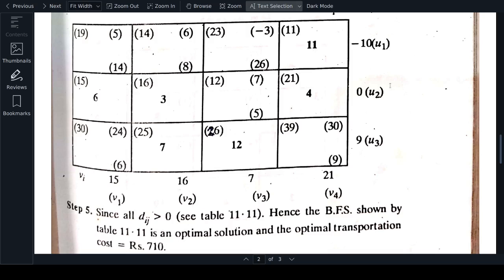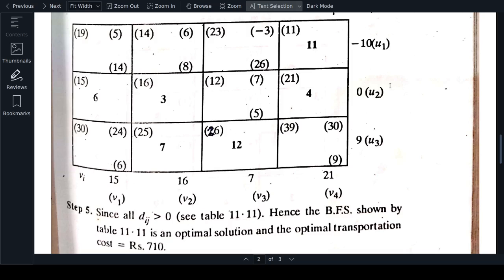So you see, I have Ui plus Vj is 5. Similarly, Ui plus Vj we can write: minus 10, 16, 6. Then you write minus 10, 7, minus 3.